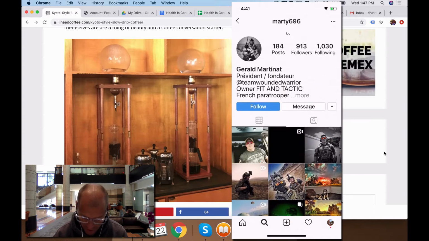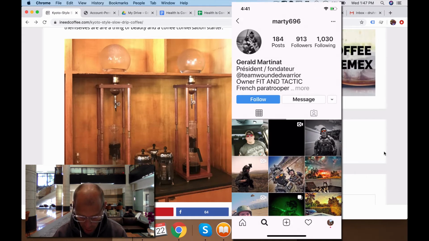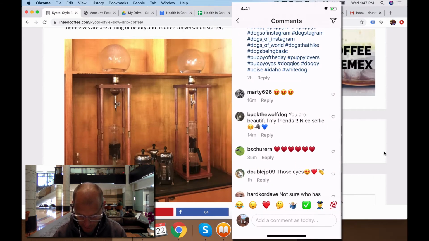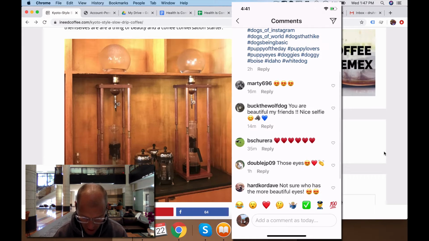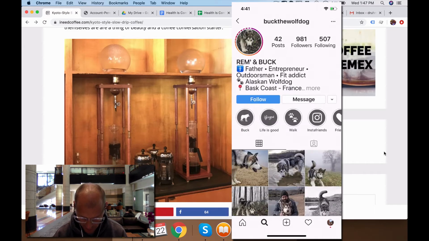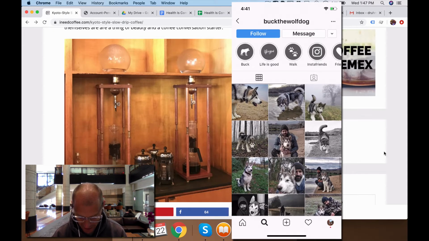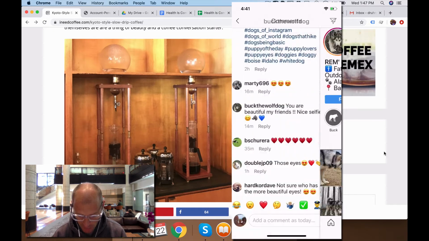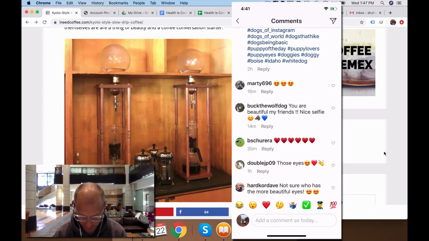So he's got one, so maybe you come in and follow this one. You follow the people that are commenting on these accounts because you want people that engage. See, this person has 981 followers and they're following 507. So they are the ones that are most likely to comment and engage with yours.